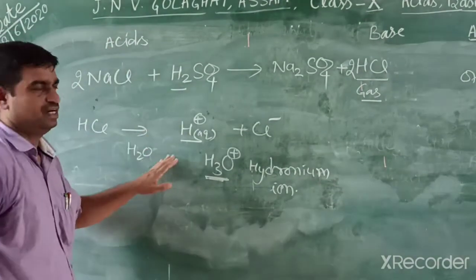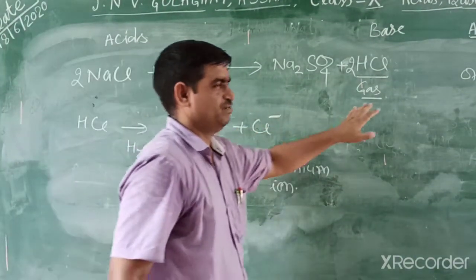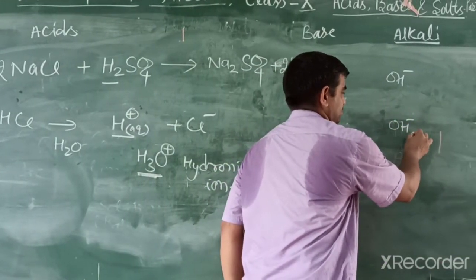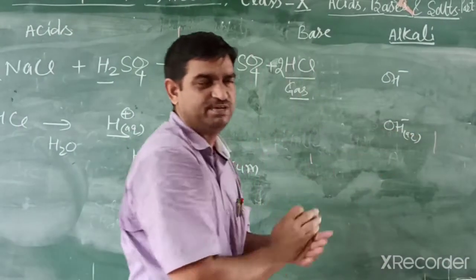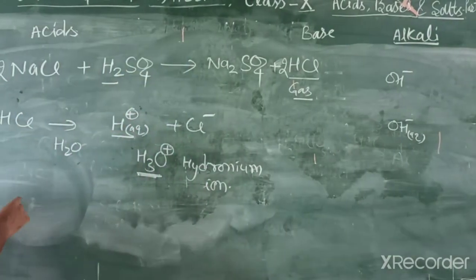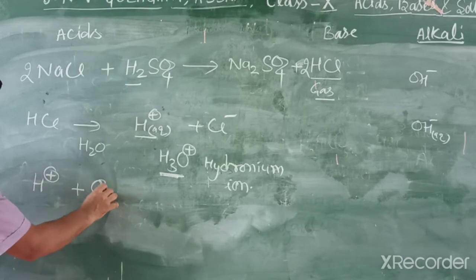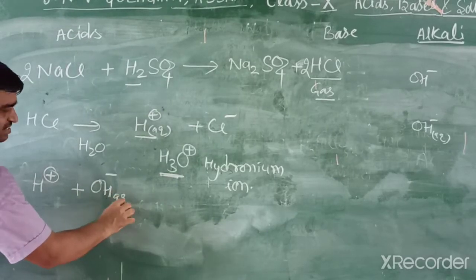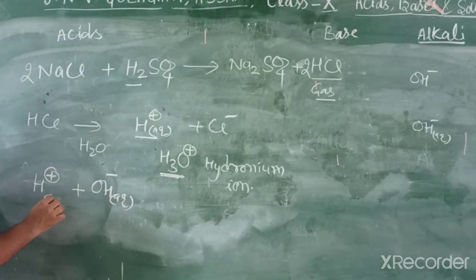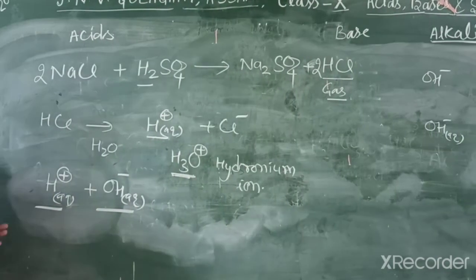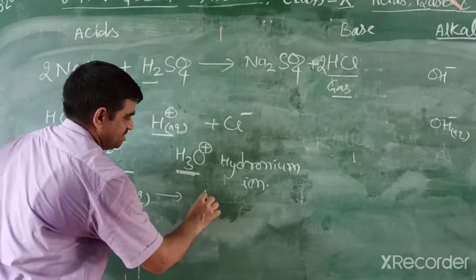So it exists in this way. All acids have hydronium ion and bases have hydroxyl ion, OH. In an acid-base reaction, the hydrogen ion and the OH ion react and form water.